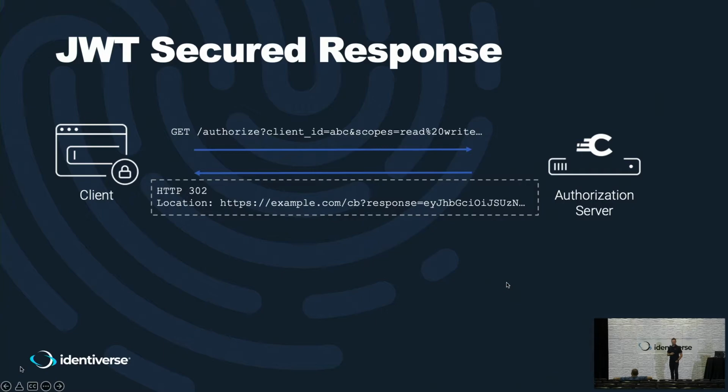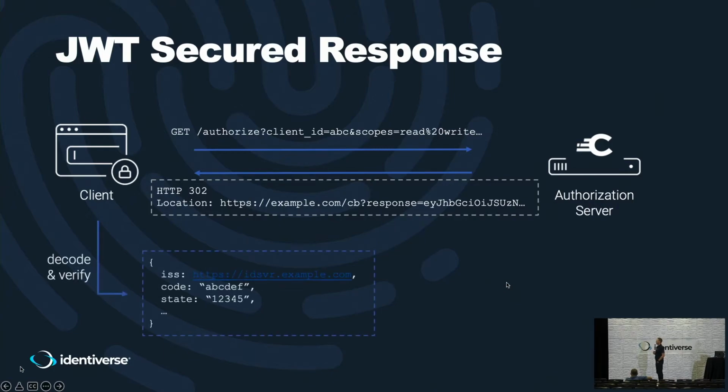In a secured response, we get a signed JWT as the response instead. So here we know that you can't tamper with that on the way in the return, and the client, instead of just receiving the code in the response, gets a signed JWT that it can decode and verify the signature, obviously, and then the code is available in that decoded result.